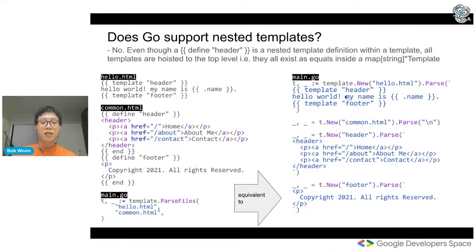Here you're essentially passing hello.html and common.html, and you pass nothing else because there's nothing other than these two templates. And then you separately pass a header and separately pass a footer. It actually doesn't matter whether you put this header inside common.html or hello.html because they will all be elevated into the same map of string to template structure anyway.